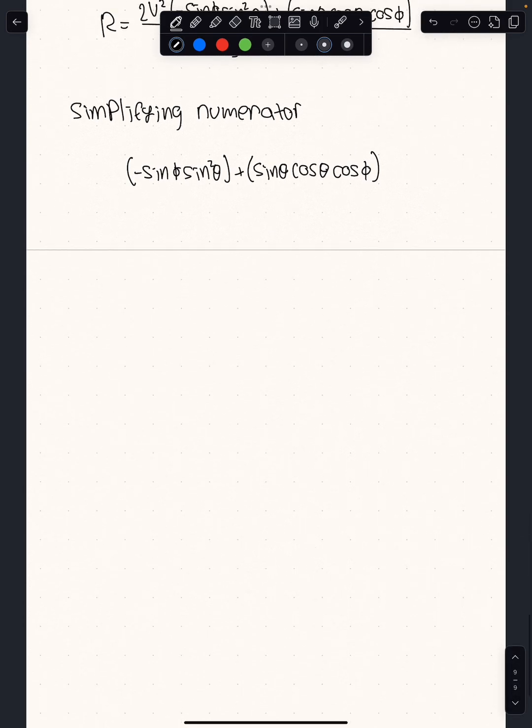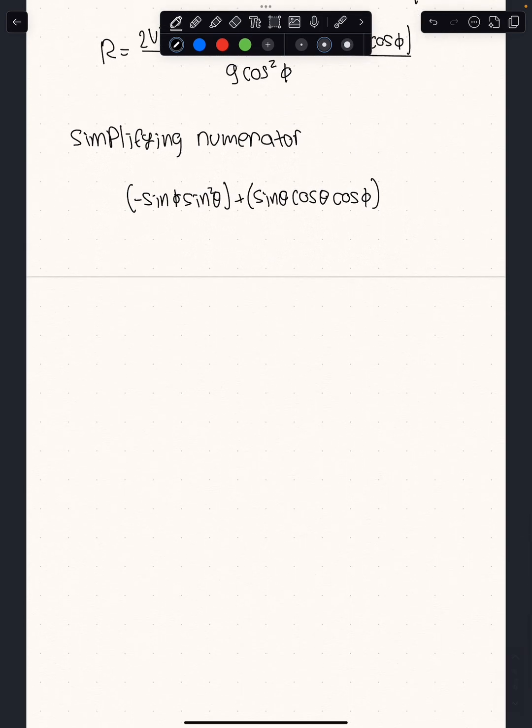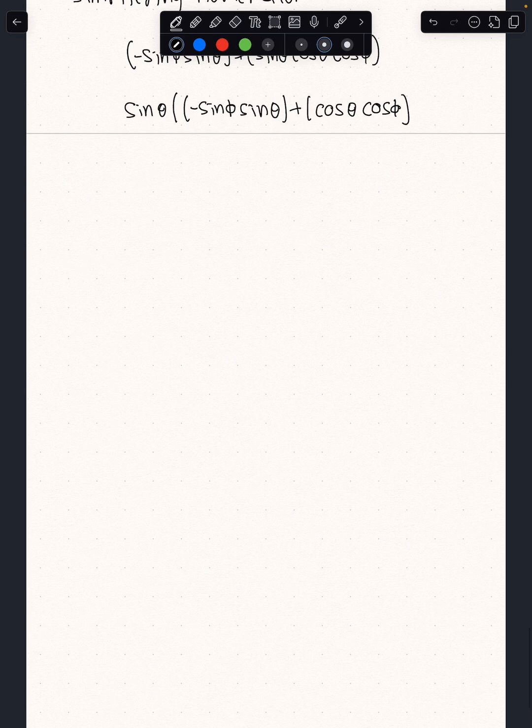If we pull out a sine theta out of this first term, the whole thing, sine theta, and this is going to be multiplied by negative sine phi sine theta, and then we pull out the sine theta out here, so this leaves us with cosine theta cosine phi. And now this needs a parenthesis.